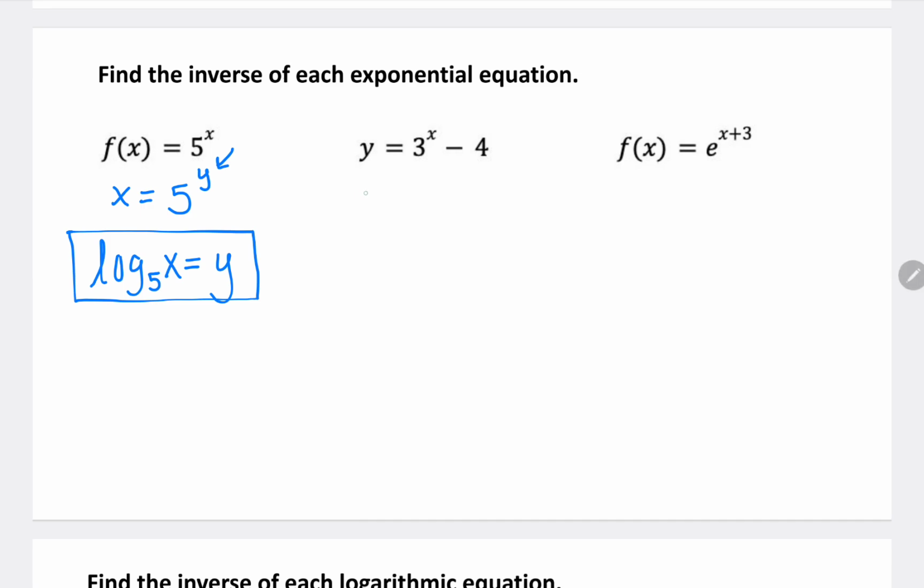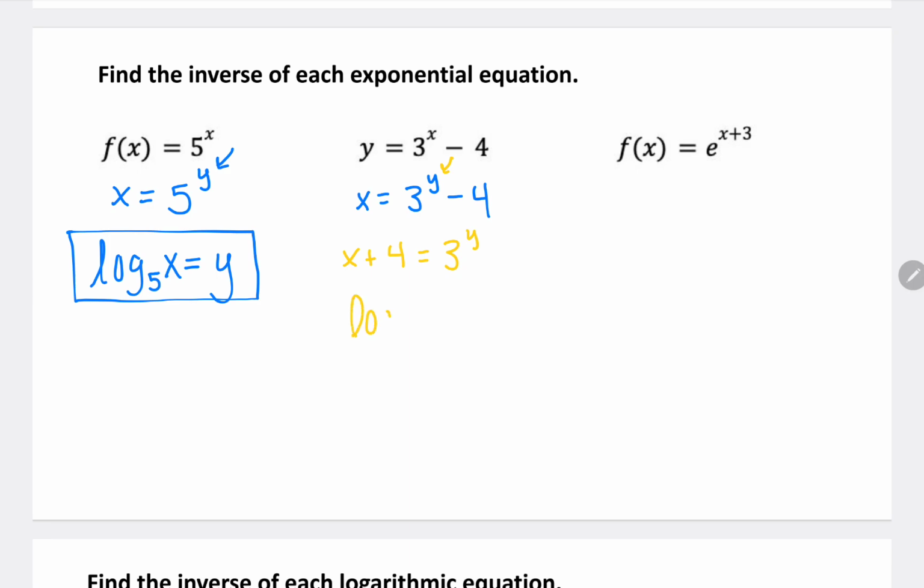In the next example, the first step of finding the inverse is to flip-flop the x and the y. This time, in an attempt to get y by itself, I actually can get rid of that 4 by adding 4 to both sides first. But then I get stuck. We haven't learned how to get rid of a base of 3 yet. So instead, I'm going to rewrite this as a log. Whenever I get stuck, I'm going to rewrite it in the other form.